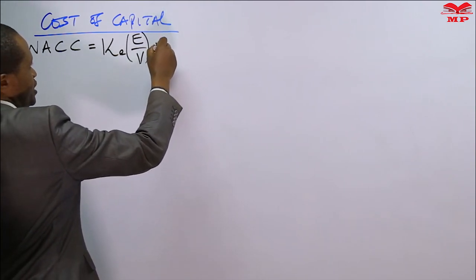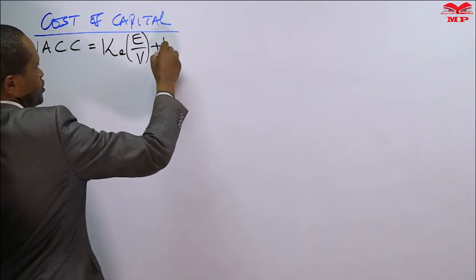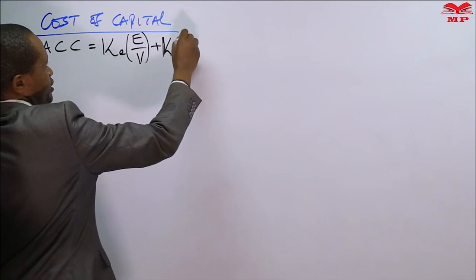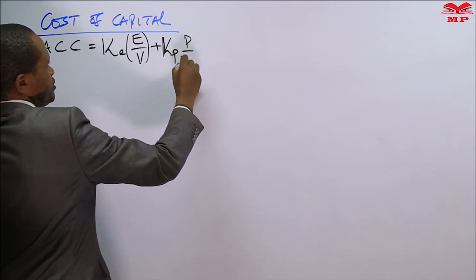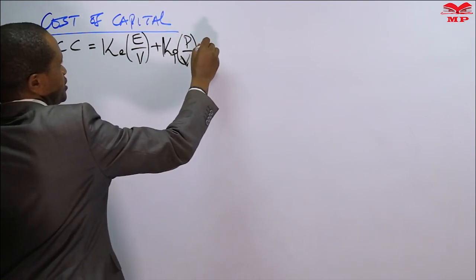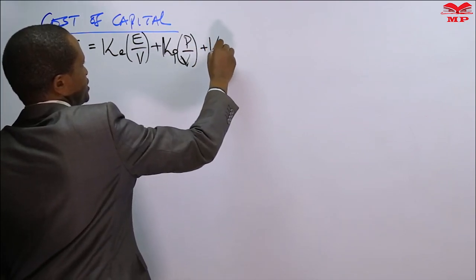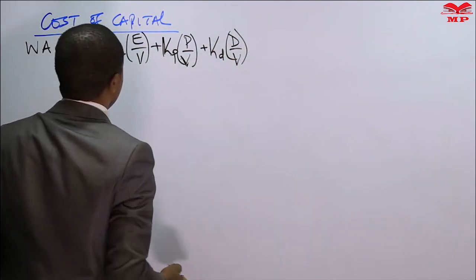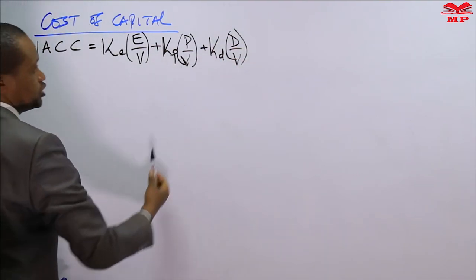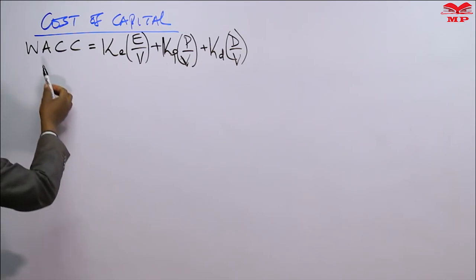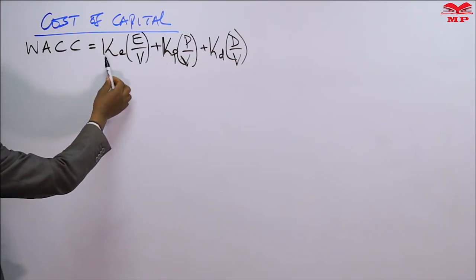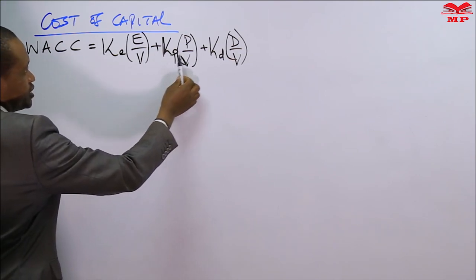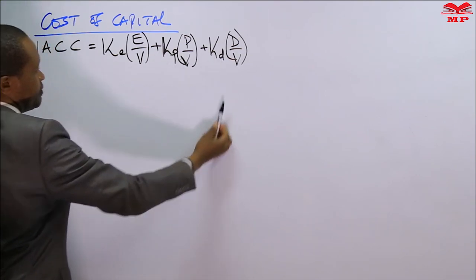Then we add the cost of preference shares, P over V, plus the cost of debt, D over V. With this formula you are able to determine the weighted average cost of capital, where KE is the cost of equity, KP the cost of preference shares, KD the cost of debt.